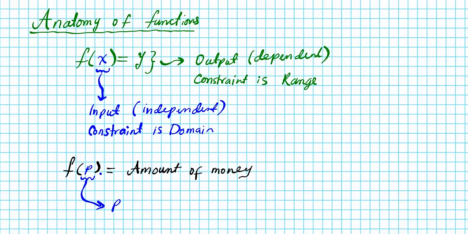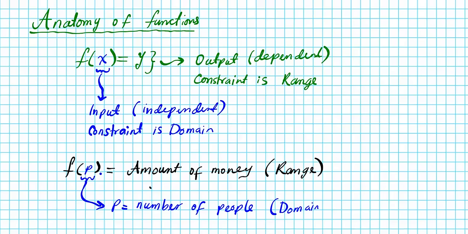Okay, p is a number of people. Now, this is a question. Which is the domain and which has to do with range? The output is the range, okay? The constraint on the output is the range. The constraint on the input is your domain.